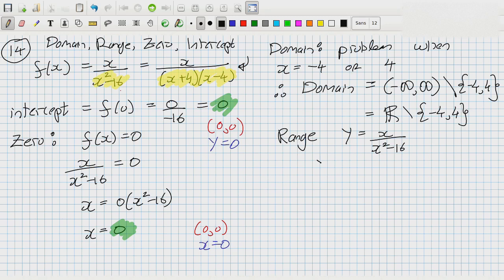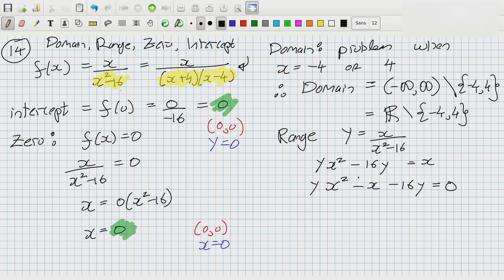So that would be y times x squared minus 16 times y, just cross multiplying here. y x squared minus 16y equals x. So this looks like a quadratic: y x squared minus x minus 16y equals 0.